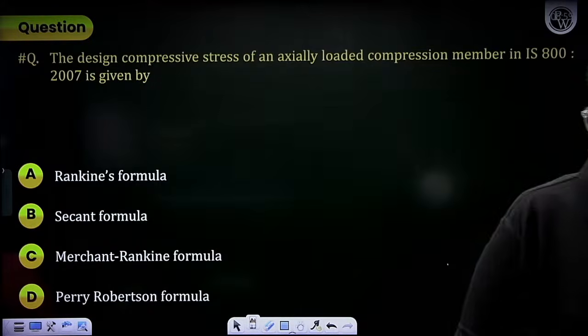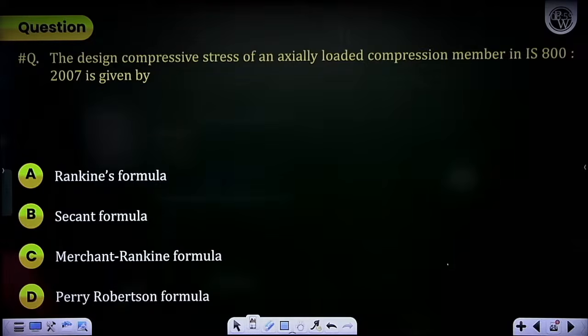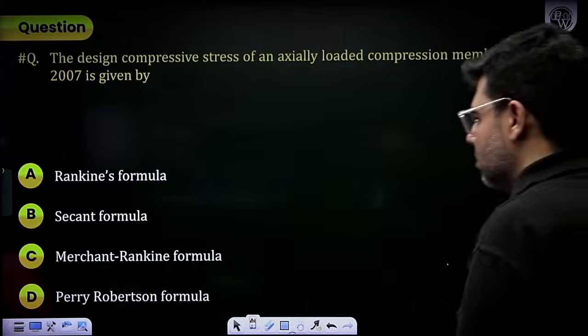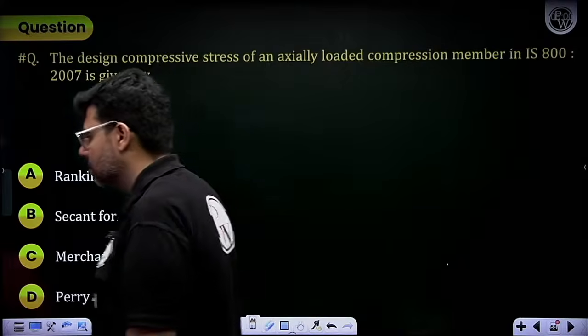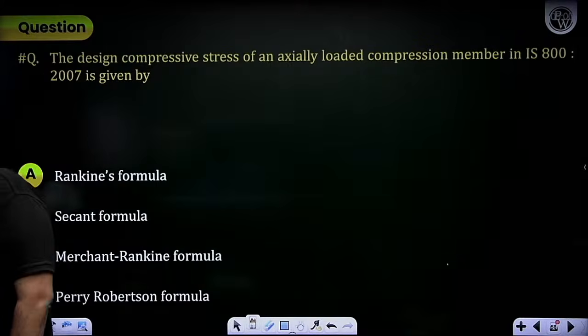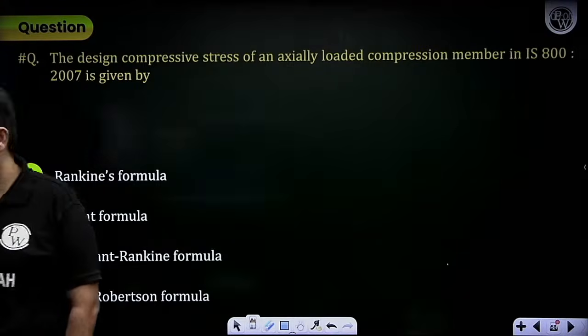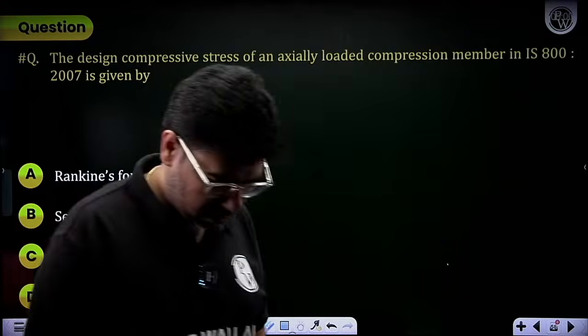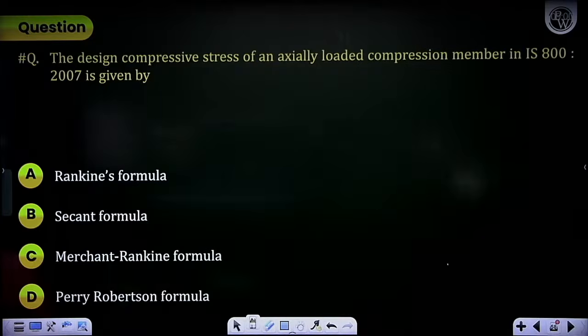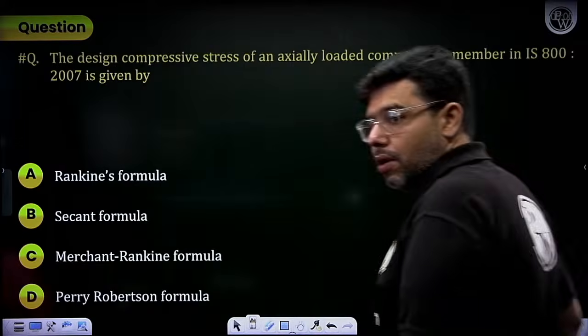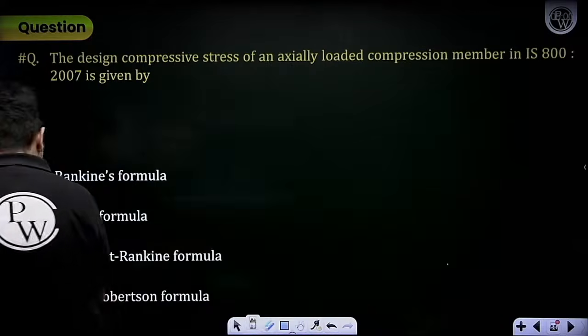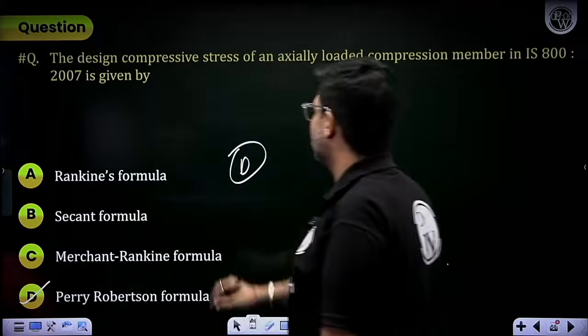Obviously, the Perry-Robertson approach is the approach taken by the IS code.